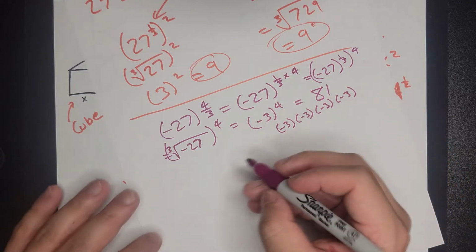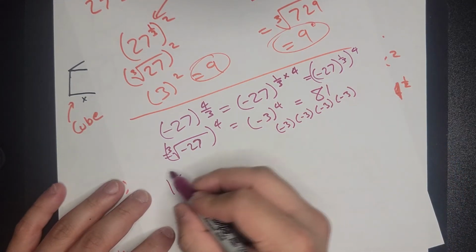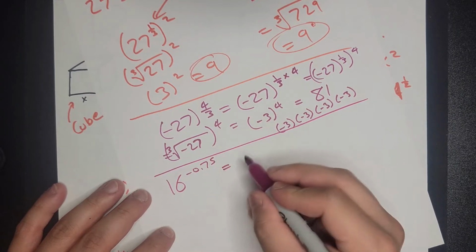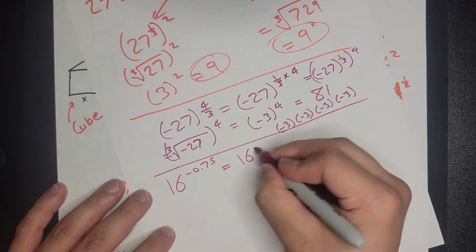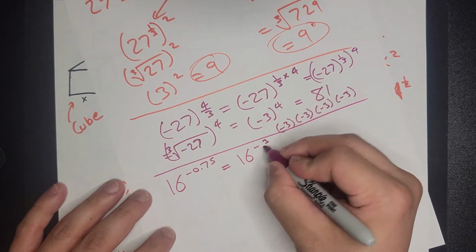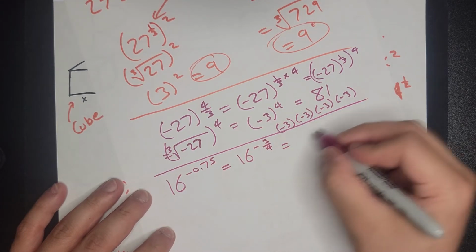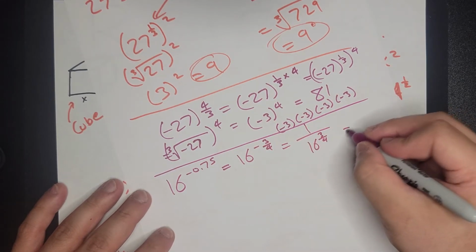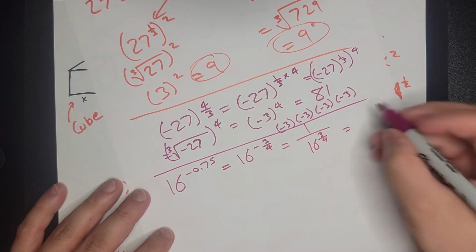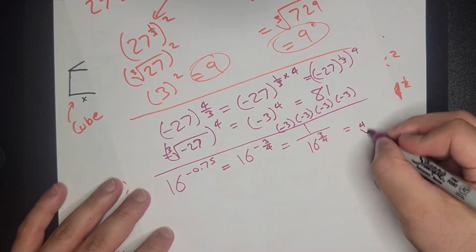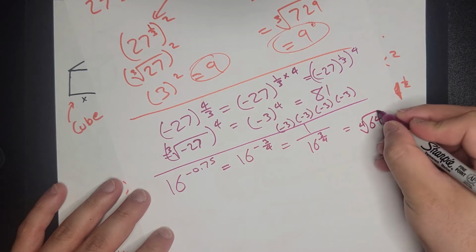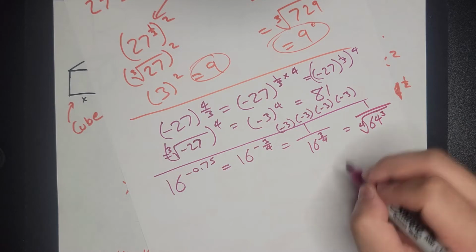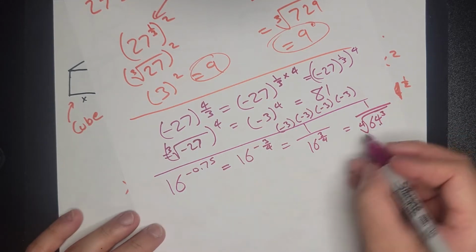Let's do another one. Let's do 16 to the power of negative 0.75. You have to recognize that that's a fraction that I can represent as negative 3 over 4, which is the same as saying 1 over 16 to the 3 over 4, which is also the same as saying... and I know that that is going to give me a 2.